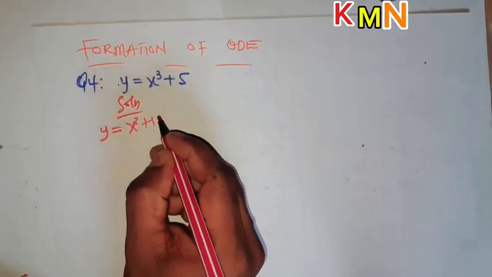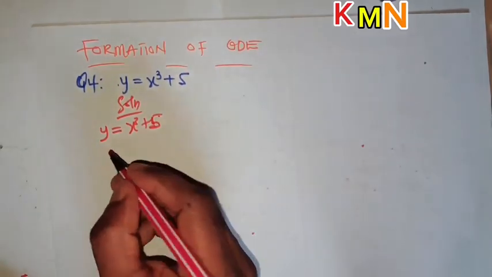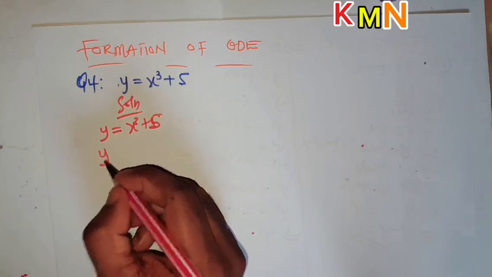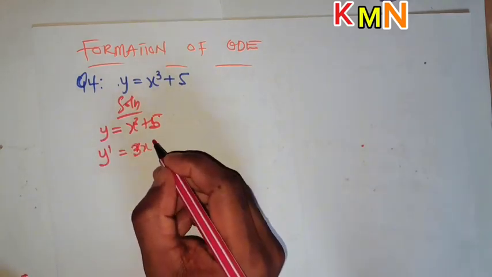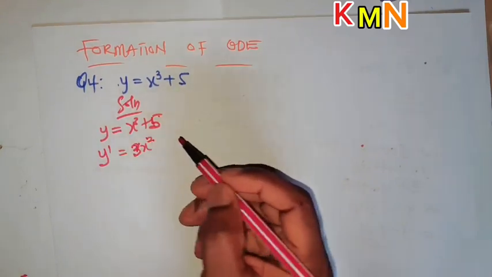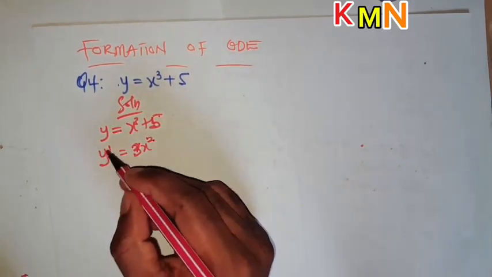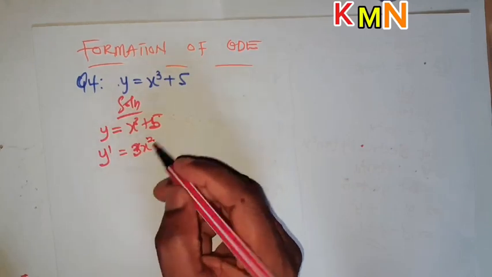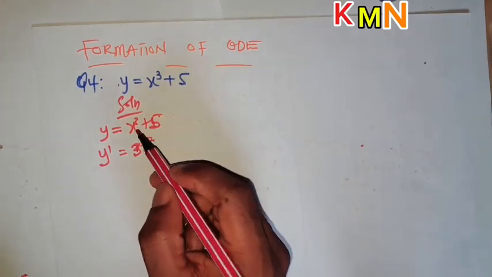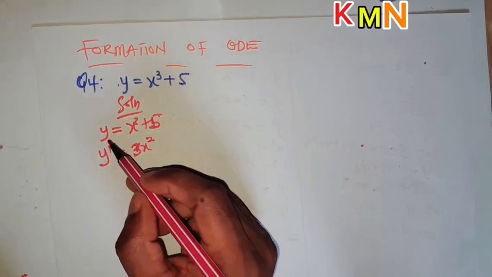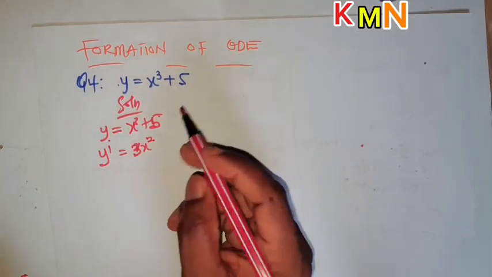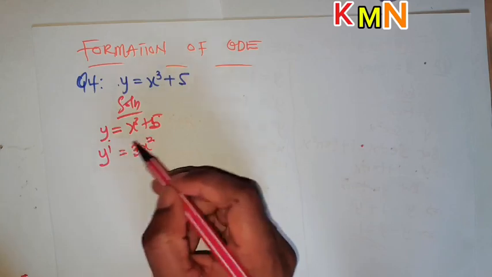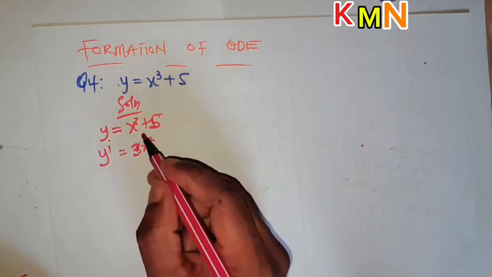y equals x cubed plus 5. So for the first derivative, we get y prime is equal to 3x squared. For us to get the x cubed plus 5, so that we can introduce the y back into the function for our first order, here it is squared, so we have to multiply both sides by x so that we can get the cube.